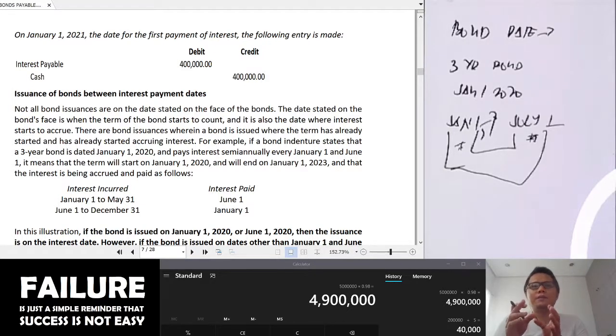However, tayo as issuer of the bonds, we are required to pay the full interest. So if someone will invest in our bond and it was issued in between interest date, we are to pay the full interest for that particular issuance. So in this example, for that 6 months, and yet the bond is issued less than 6 months na yung cover pa. So there is an accrued interest.